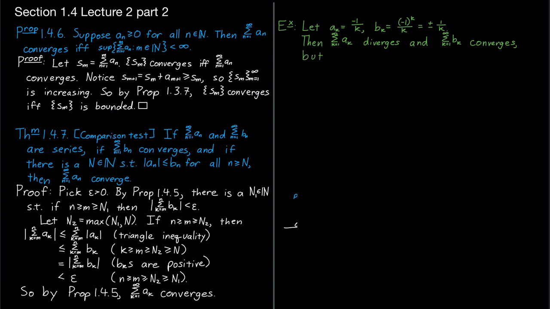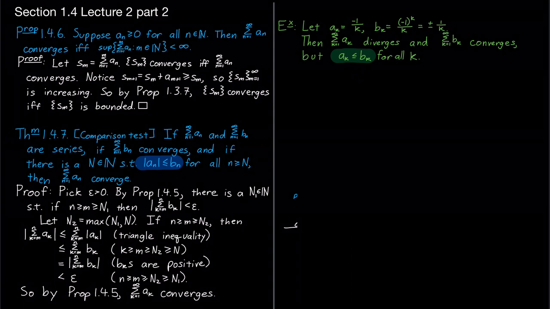But notice that AK is less than or equal to BK for all K. That would be contradictory to Theorem 1.4.7, except notice that Theorem 1.4.7 has the absolute value of AN being less than BN, and this example just has plain old AN being less than BN.